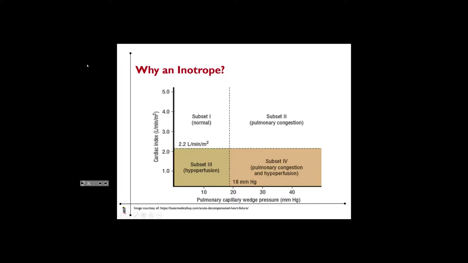And if somebody is wet, they usually have a pulmonary capillary wedge pressure of greater than 18. Where inotropes really play a pivotal role is in this subset, for patients that are cold and wet. They can potentially be used in some of the patients that are a little dry as well, but for the most part, they're really used in this population. And if you look at our cath numbers, our patient falls into this subset.